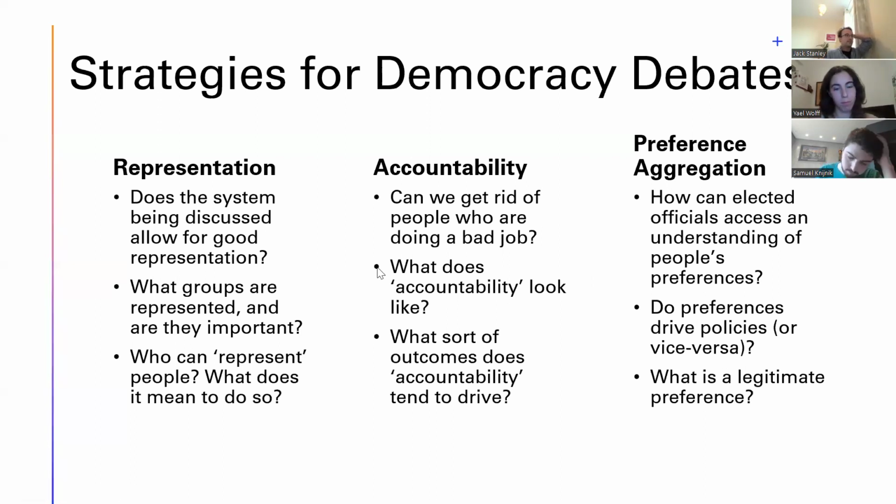The second thing is about accountability. So if people do a bad job, can we get rid of them? I think, for what it's worth, this is one of the few excellent arguments for the first past the post system, where you can vote out a leader directly in their constituency in the UK or in other countries, in other systems, in other regions.